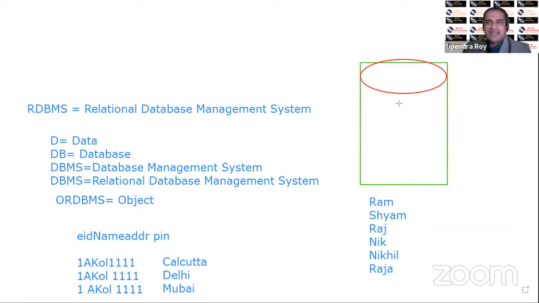Suppose in a bank there are 1 lakh customers, so 1 lakh customer data will be there. How to write those 1 lakh records into a database known as Oracle? Or the information is already there. How to read that information from that database?